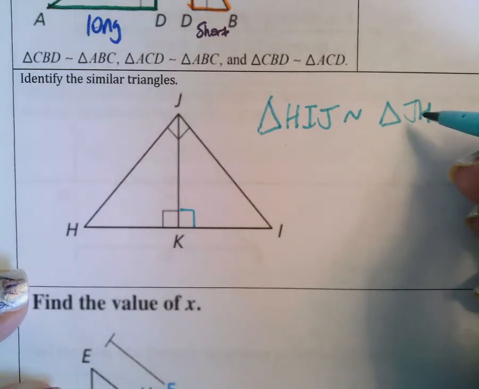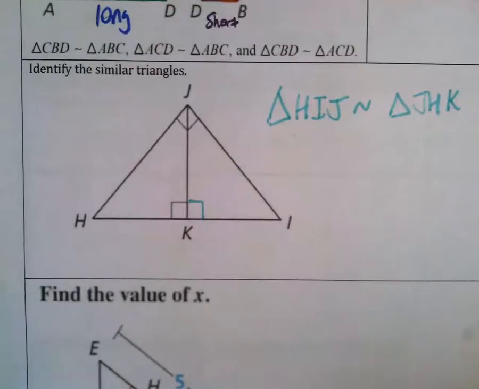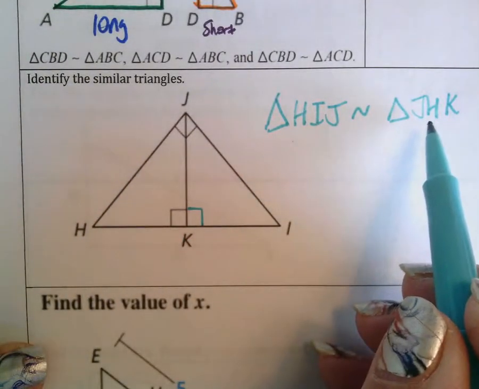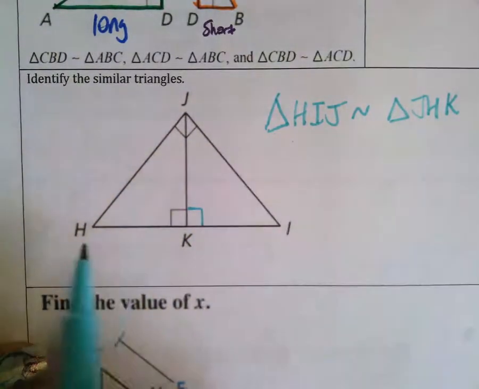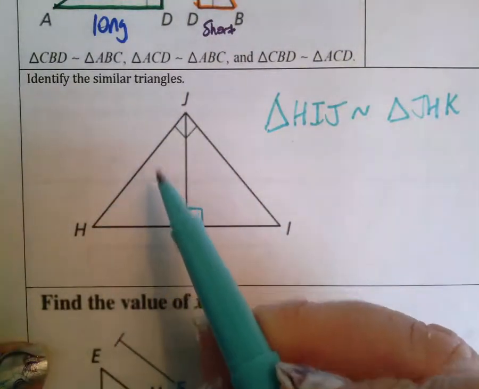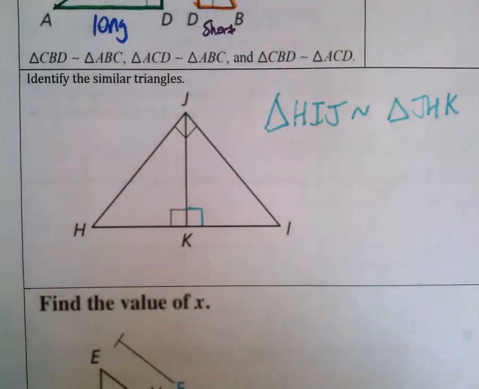That's all right. It's going to be similar to, there's a K here. Might have done that backwards. HIJ, and that's going to go to JHK. Nope, that's right. Okay, so when you're figuring out the similar triangles, that's one way to do it.